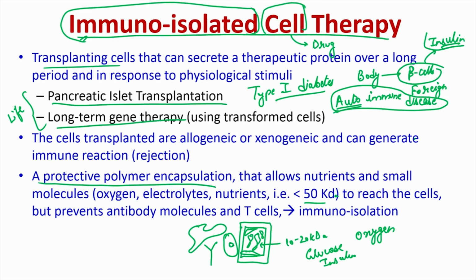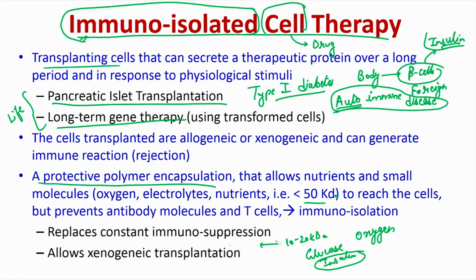The effective proteins like insulin or dystrophin can come out, but your immune system is not able to attack it. So, that is the whole concept of immuno-isolation, especially with polymer encapsulation, but there are some challenges to it, and we will discuss this.